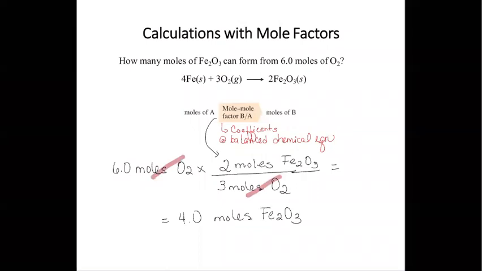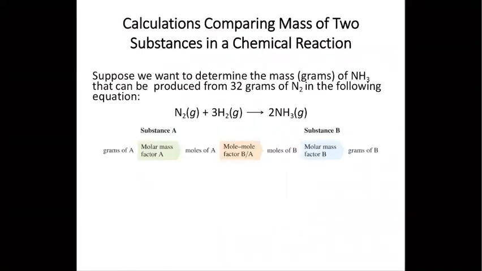Another important calculation that you guys need to know how to do is transitions from mass of one substance to mass of another substance. We have the following reaction. Molecular nitrogen reacts with molecular hydrogen to form ammonia. Suppose we want to determine the mass in grams of ammonia that can be produced from 32 grams of molecular nitrogen.